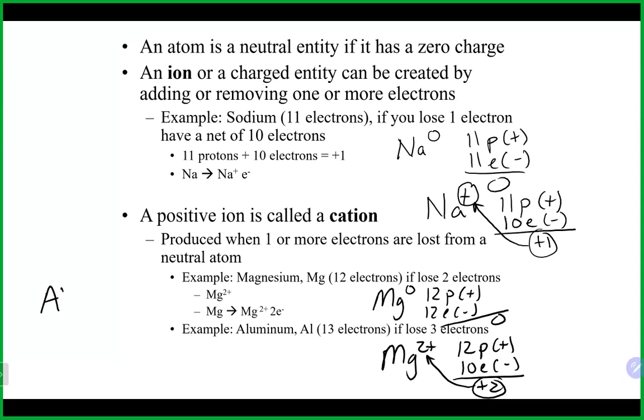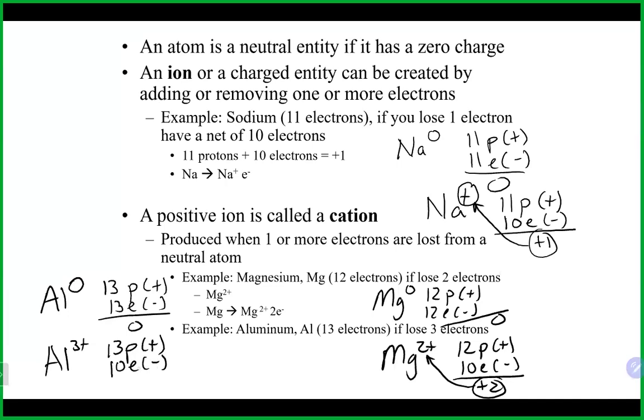Aluminum is neutral, atomic number 13, so it would have 13 electrons, and that would be 0. Aluminum with a +3 charge has 13 protons, and +3 means it lost 3 electrons, so it has to have 10 electrons at this point. 13 positives and 10 negatives give me a +3 overall charge.